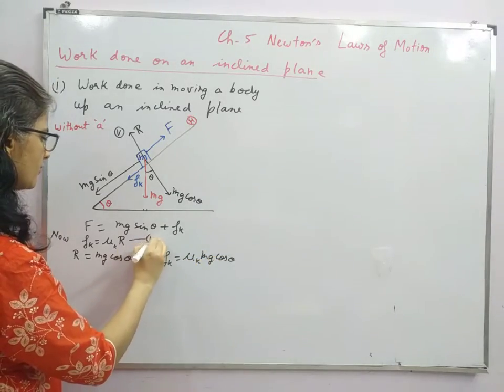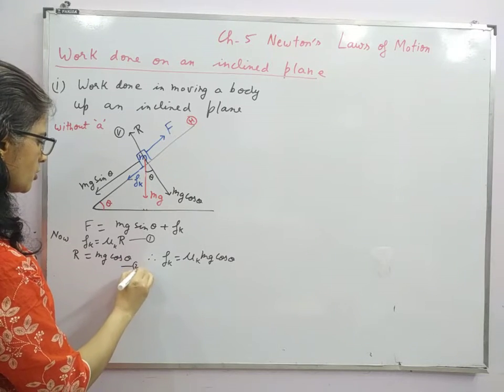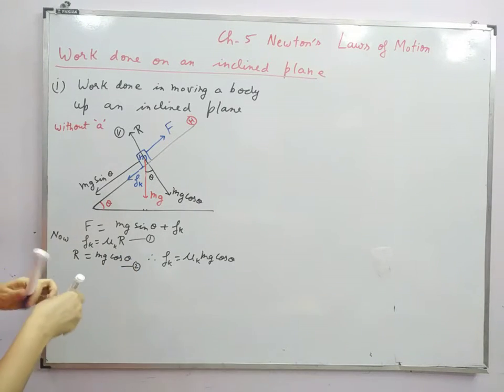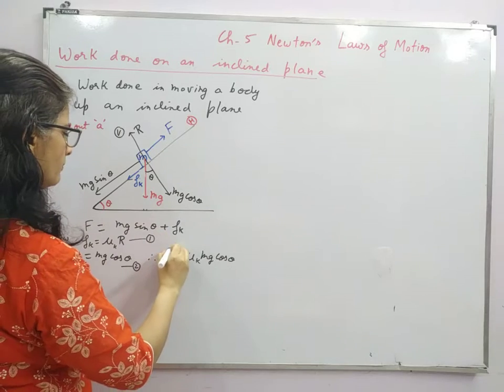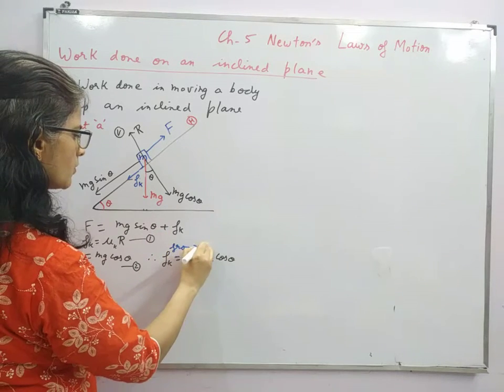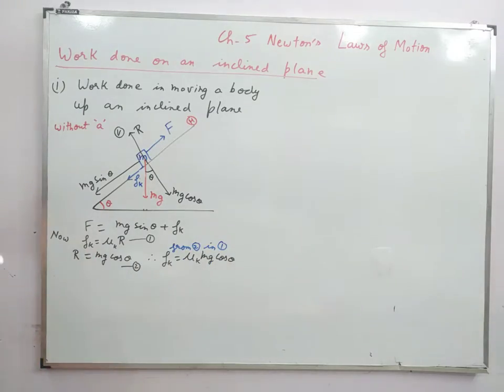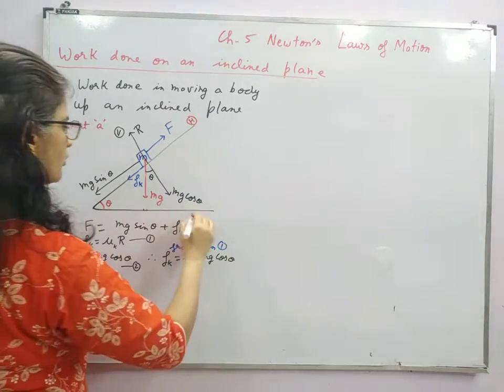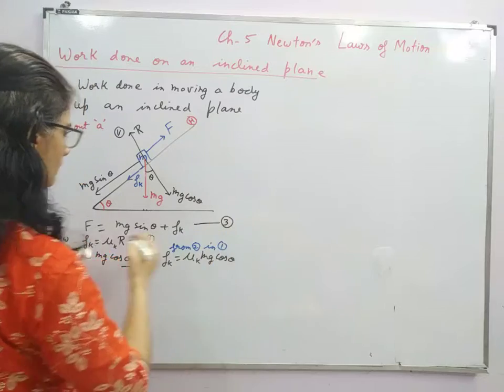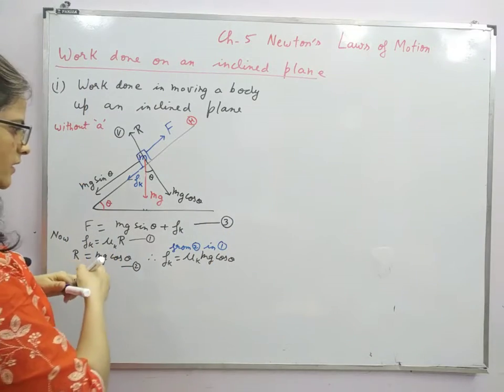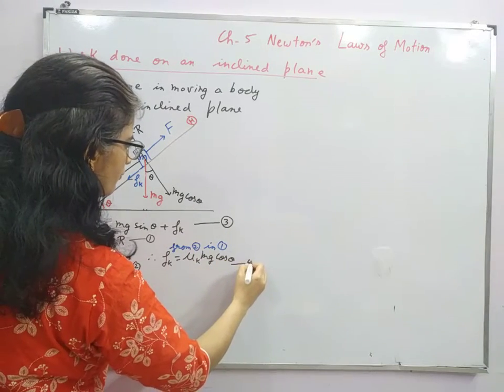If I mark this as 1 and this as 2, I can write from 2 in 1. Now I am marking this as equation 3 and this as equation 4.